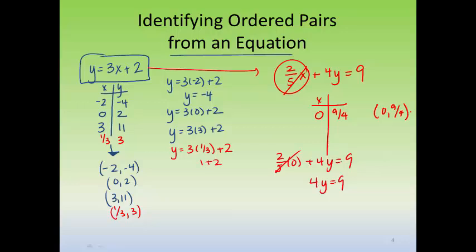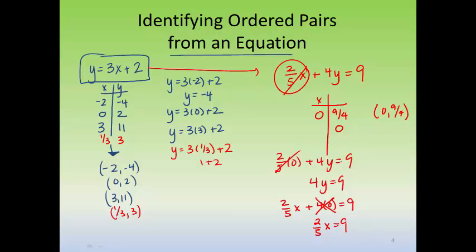Let's find another. Maybe I wanted to choose a 0 for the y value, and this would work out just as well. So this time, when I substitute in the 0, I'm substituting it in for the y value, making that 4 times 0 go away, and I'm left with 2/5 times x equals 9. I would multiply by the reciprocal.